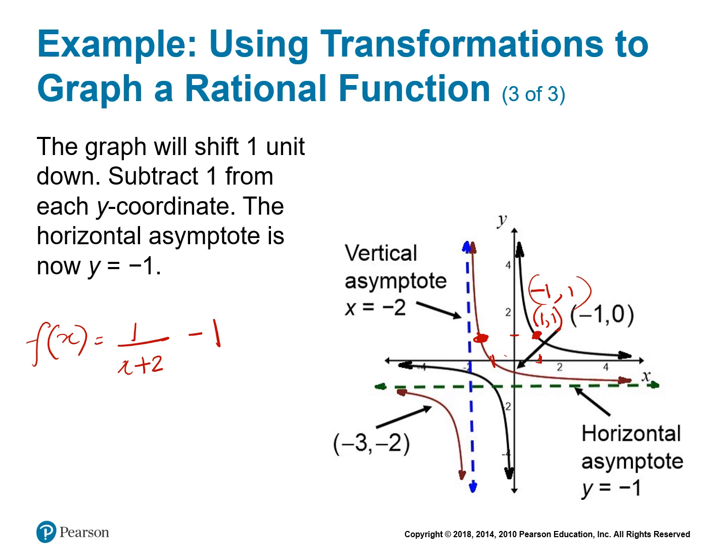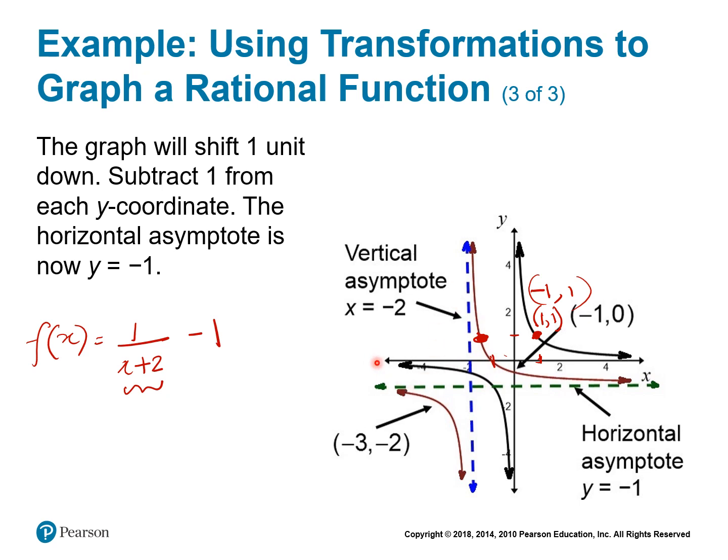So we took care of the x plus 2, which is the horizontal shift, by sliding the vertical asymptote 2 units to the left, and therefore the original graph also slid over 2 units to the left. All the x coordinates shifted 2 units to the left.